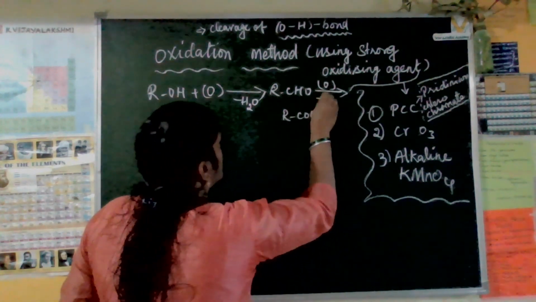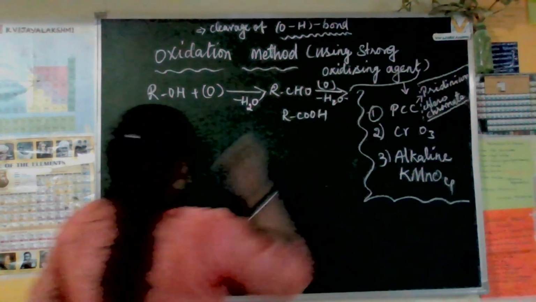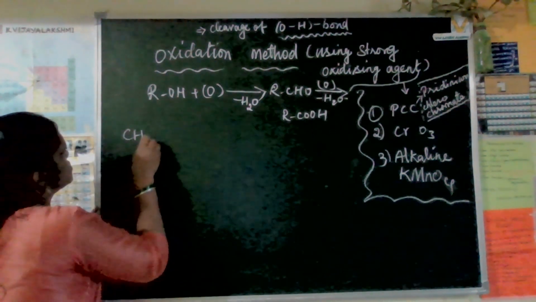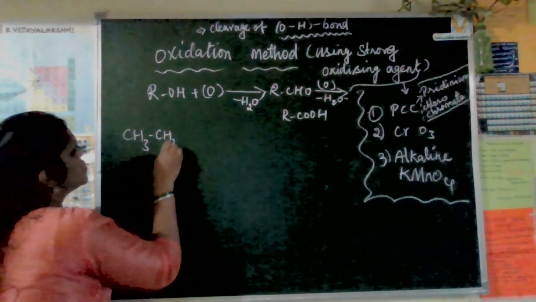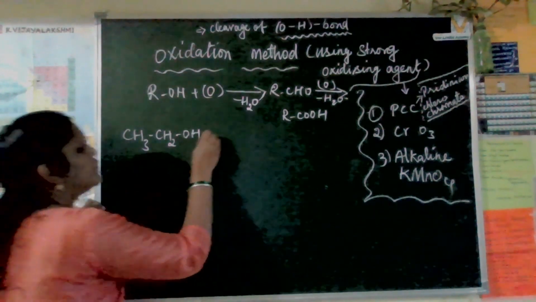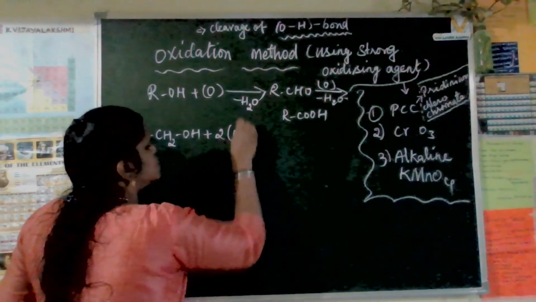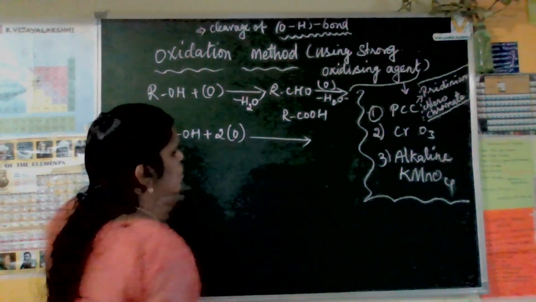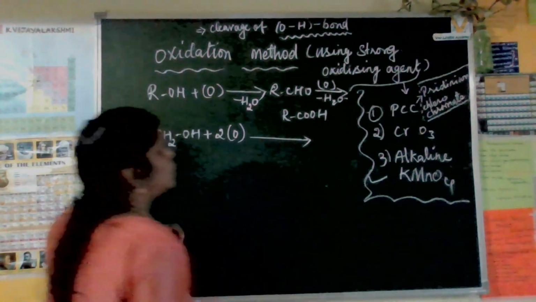RCOOH. Okay, now here also water is removed. Now here CH3CH2OH. We are taking ethyl alcohol with a strong oxidizing agent. You know, alkaline KMnO4, I would like to take.